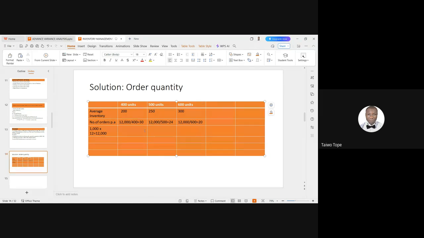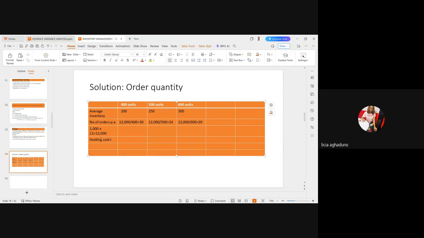So, to determine your holding costs for 400 units, what is the formula for holding cost?